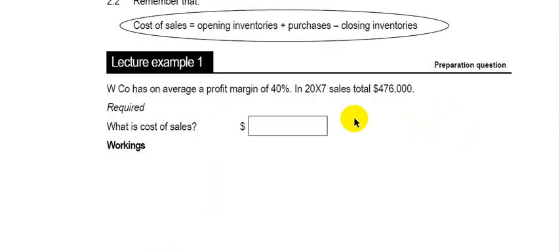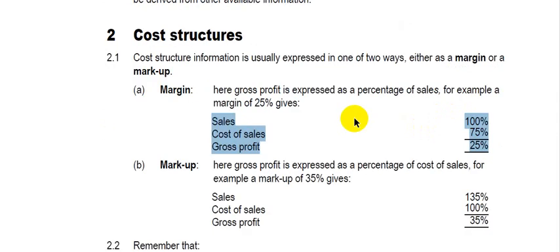In the question, we're given margin as 40%. So where there's 25% here, we'll substitute 40%. It means our cost of sales will be 60%.